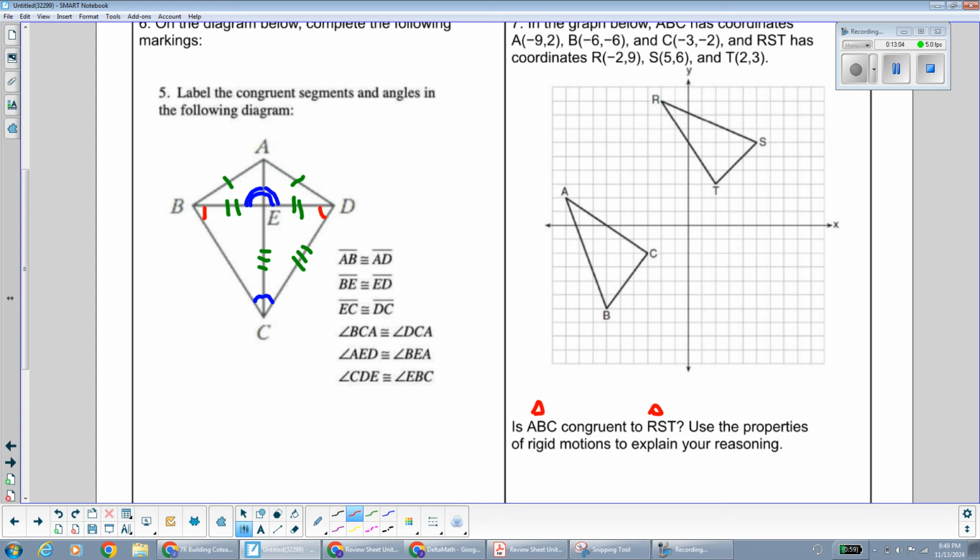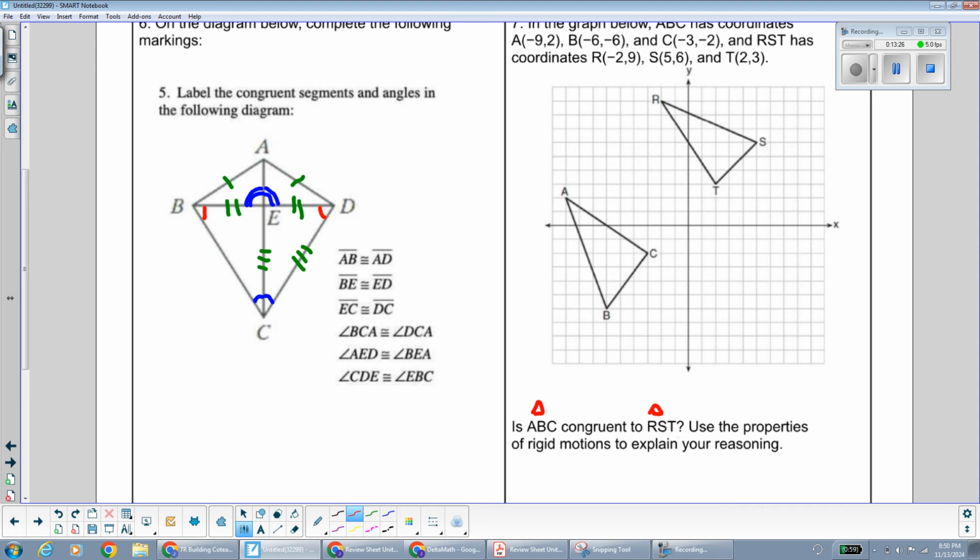I want to try to be as specific as possible when describing the sequence of rigid motions. And personally, I like reflections, so I'm going to try not to do rotations here if I don't have to. So A needs to match onto R, B needs to match onto S, and C needs to match onto T.